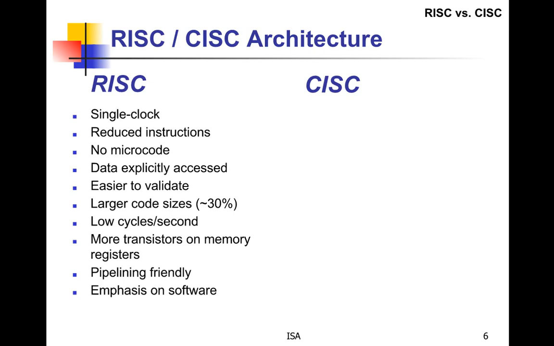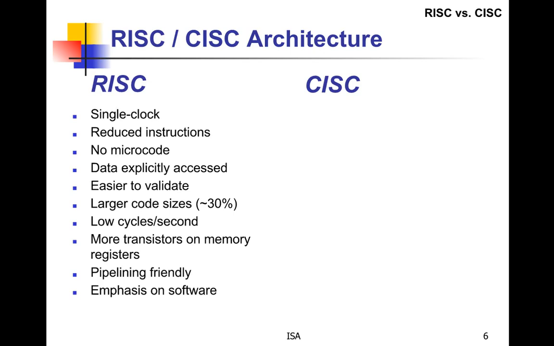It doesn't have as many fancy instructions. There's no microcode. Data is explicitly accessed. In other words, you have to read in from the memory and write out to the memory. It's easier to validate. In other words, the RISC is simpler. It's simpler hardware, and so it's easier to make certain that there isn't a bug in the hardware. The code sizes, in other words, how much memory your code takes up, are larger, approximately 30% larger.